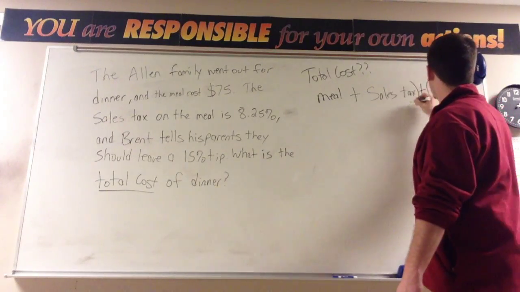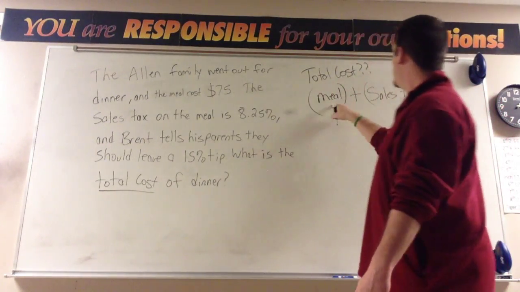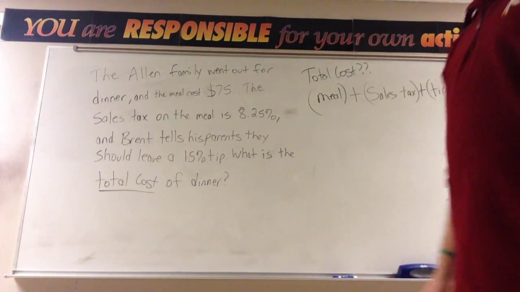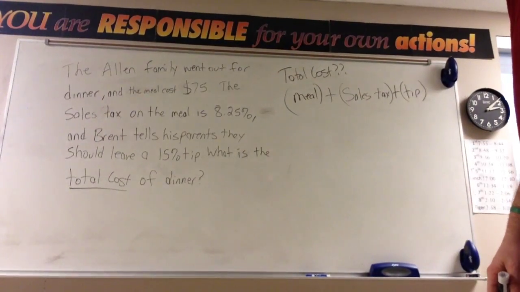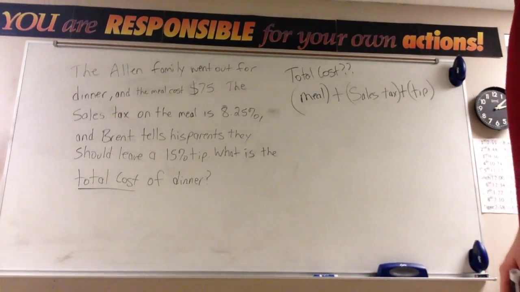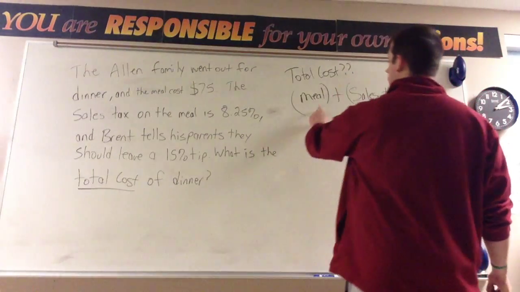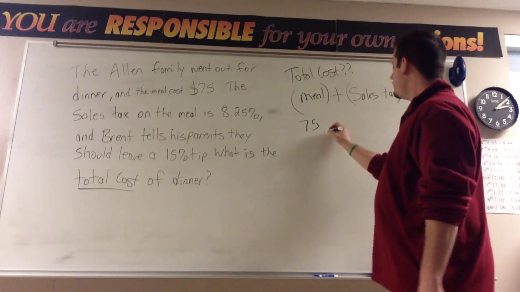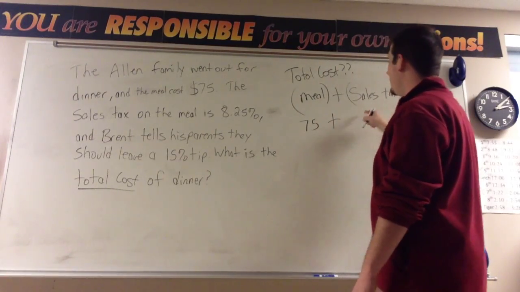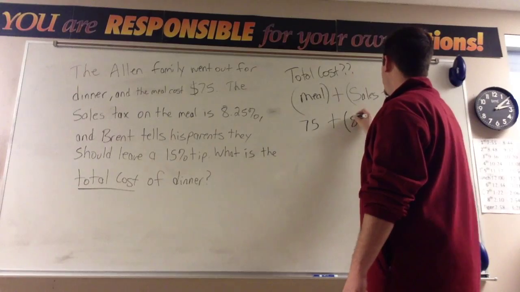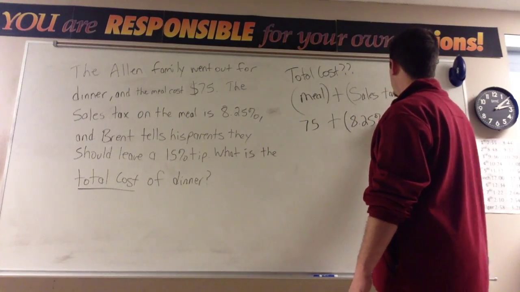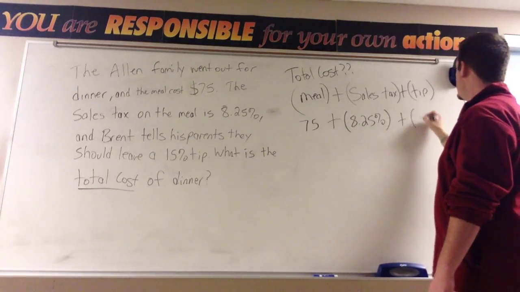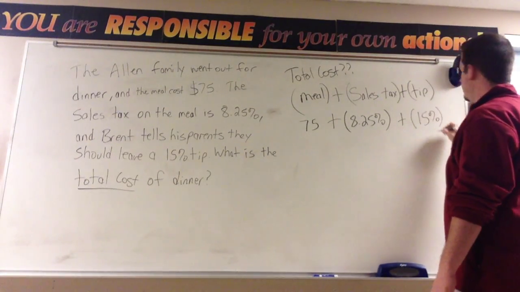So we have three items that we've got to put together to figure out the total cost of our dinner. Well, we're told the meal cost $75. We're also told that the sales tax was 8.25%, and we're also told that the tip was 15%.